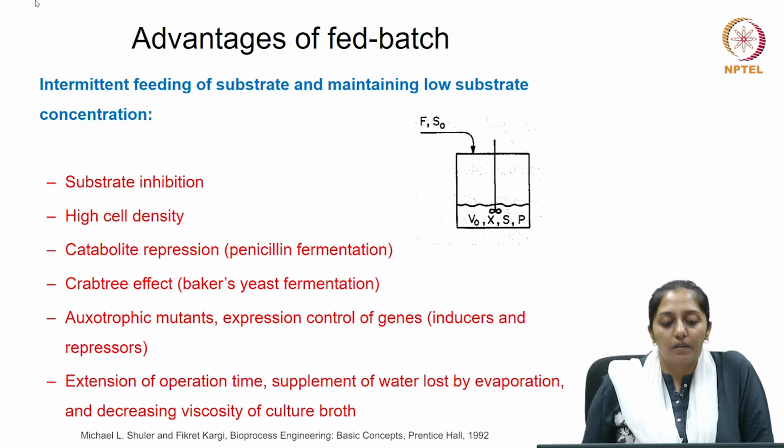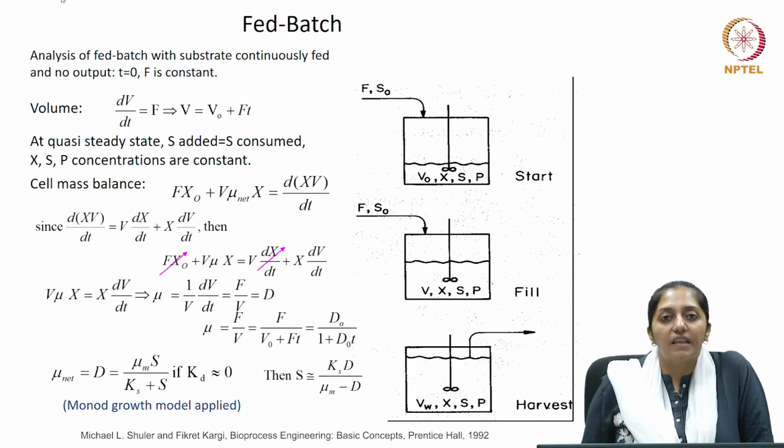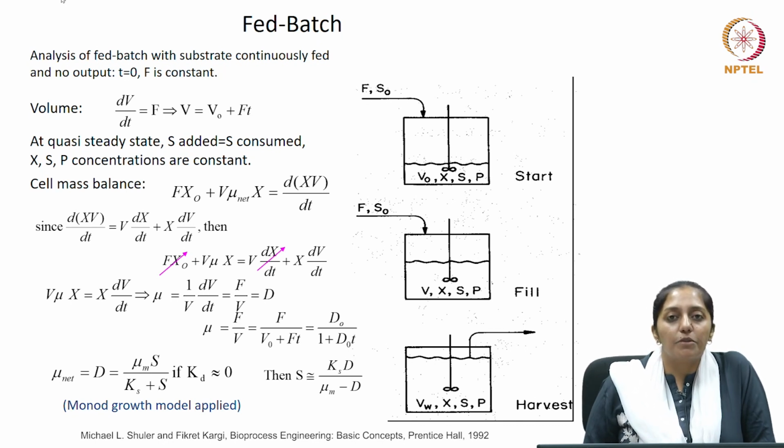So, now after discussing some of the advantages of fed batch process, let us see how to design a simple fed batch process. Here, if you can see the schematic on the slide, we will make certain assumptions.